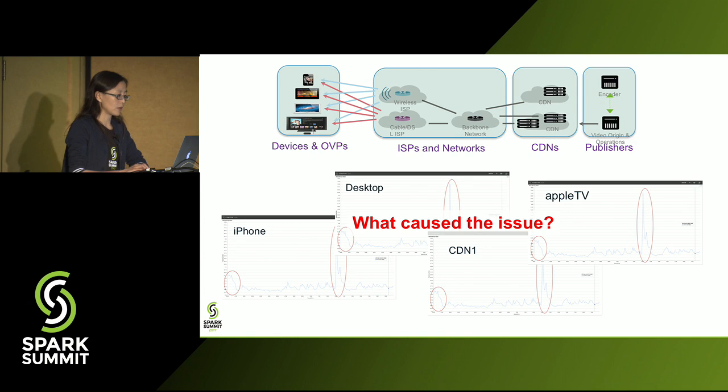Here's another scenario. Think about people watching a live event. They can choose different devices to stream the live event. They can use iPhone, desktop, or Apple TV. The devices can also stream from multiple CDNs, and there's one live encoder in front of each CDN.